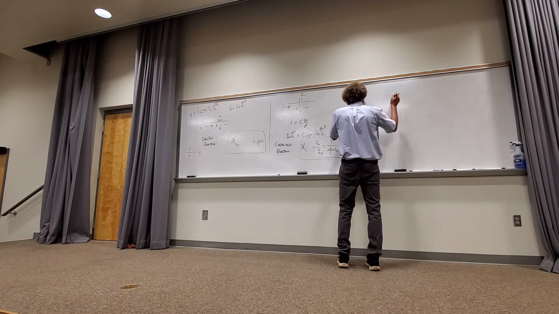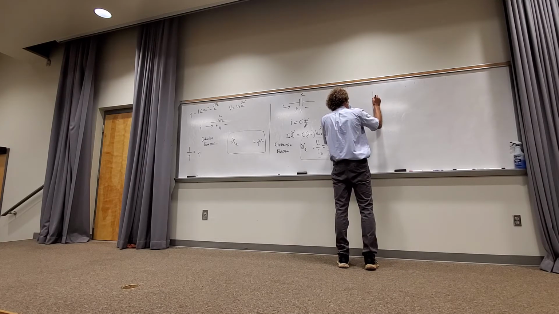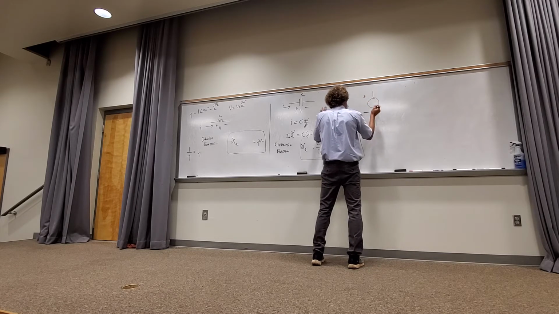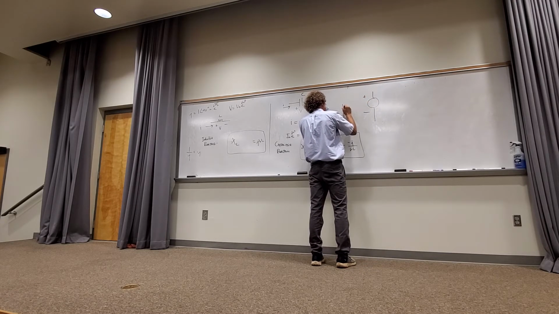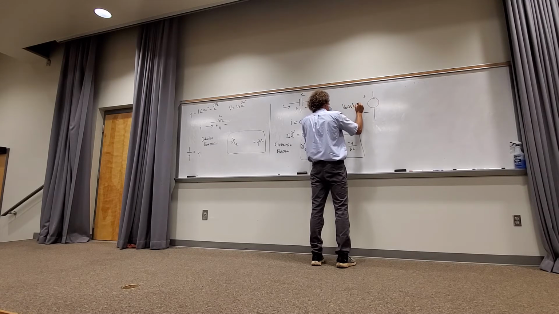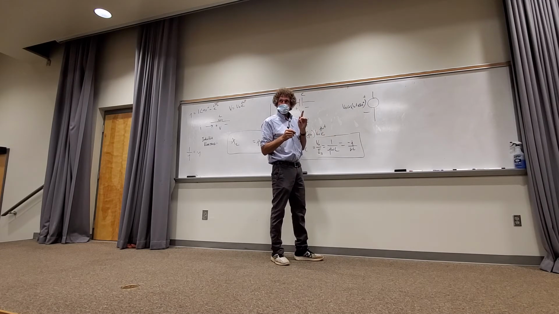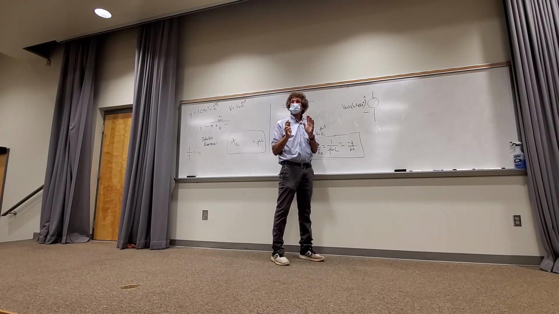So here's my circuit. I'm going to have a voltage source, V naught times cosine of omega t plus, say, 30 degrees. Now, technically, this is kind of a wrong way to do it, but it's done in the book.